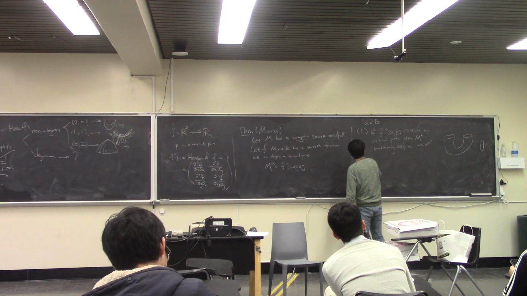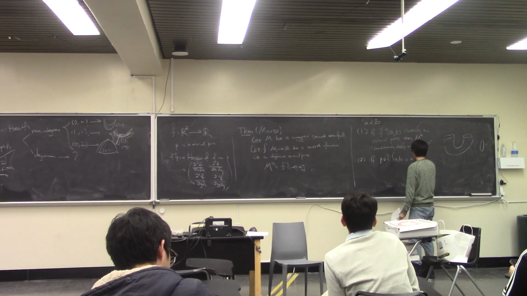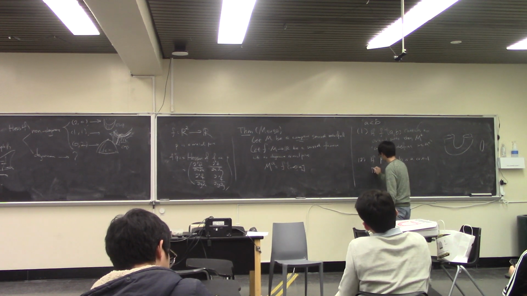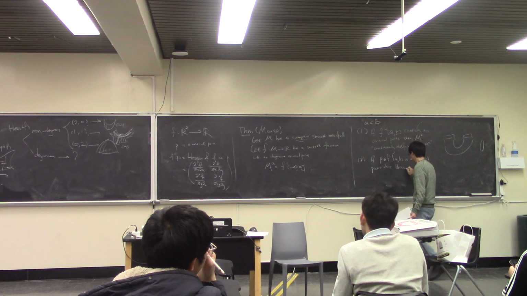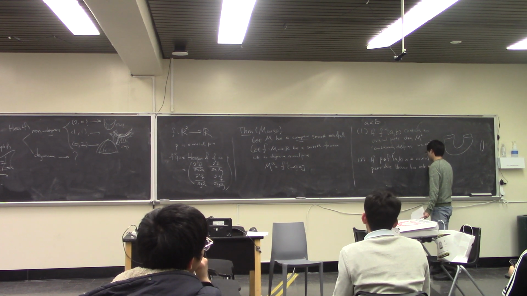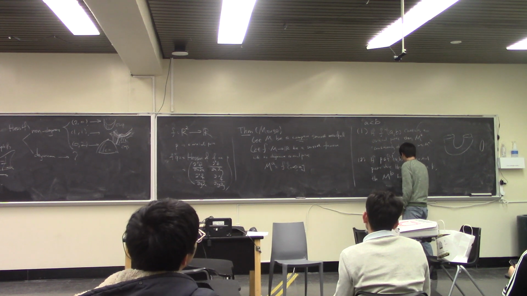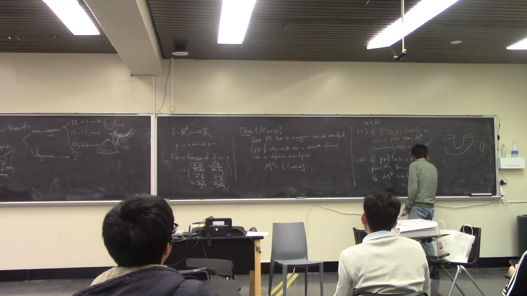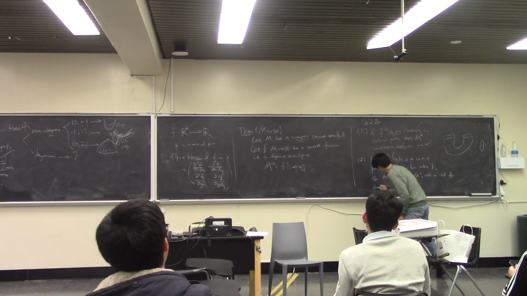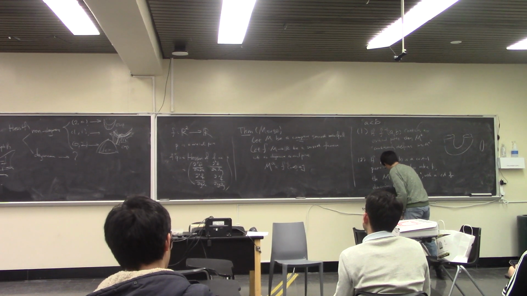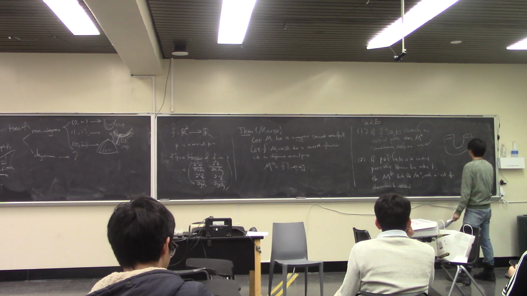And 2, if p is a critical point, then it's a little weaker than continuously deforming.